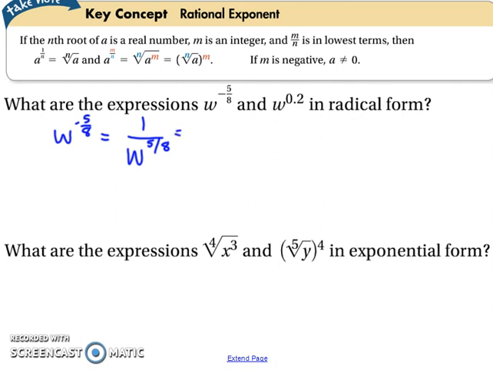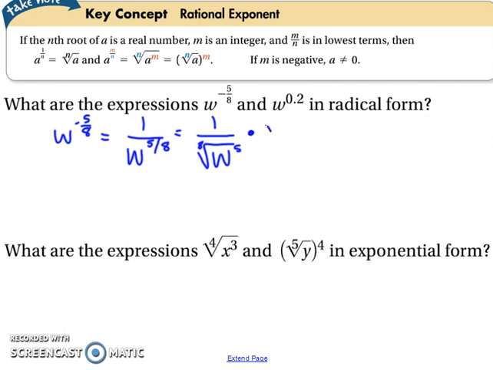Now we're going to rewrite this as 1 over. Now the exponent is the 5. The index is the 8. Since we know that we can't have radicals in our denominator, we have to rationalize it. Since the exponent is a 5, I need to make it an 8 so I can divide 8 with 8 and cancel out the radicals.